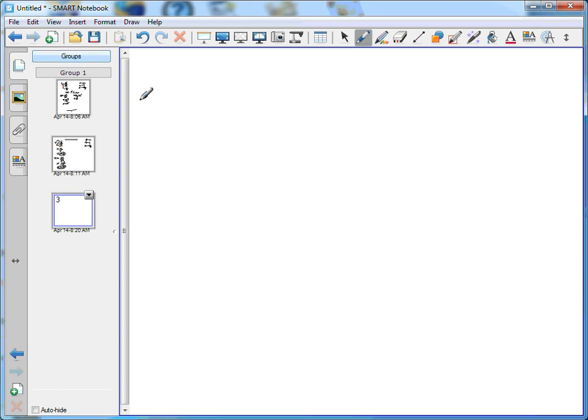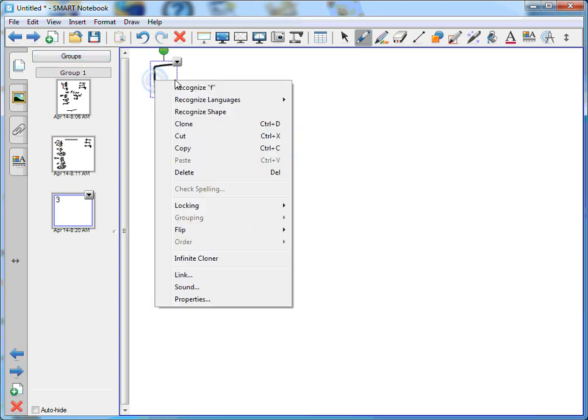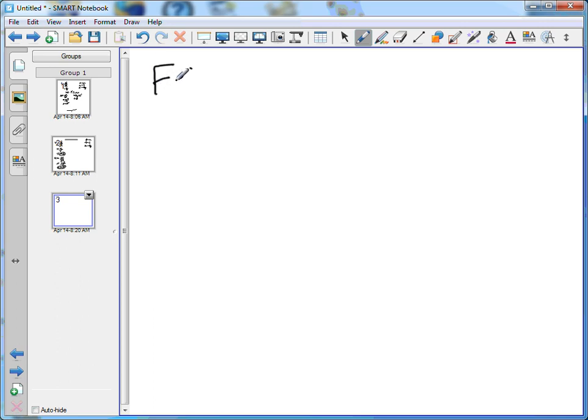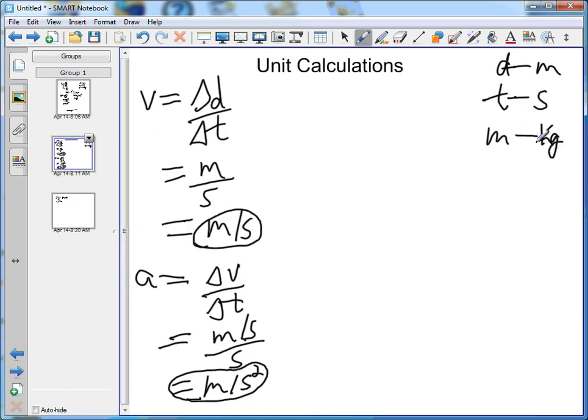Another one that we took in the last unit was force. We said that force is equal to mass times acceleration, which is equal to mass in kilograms, acceleration in meters per second squared.